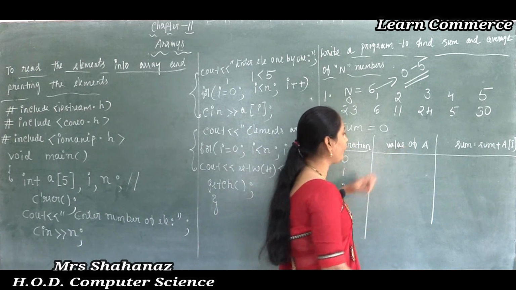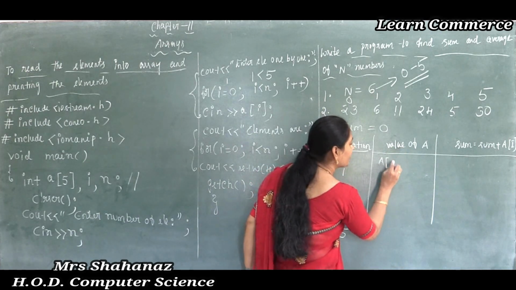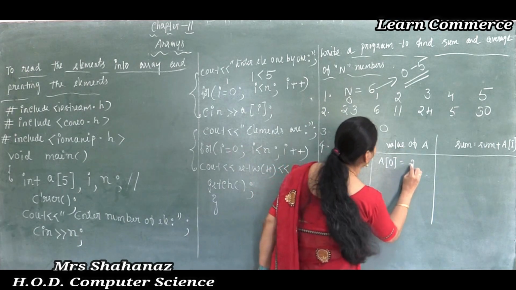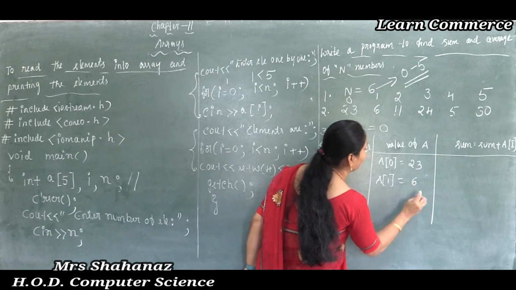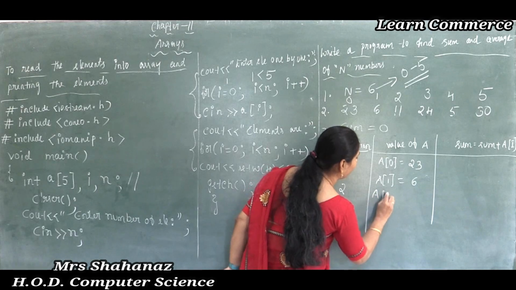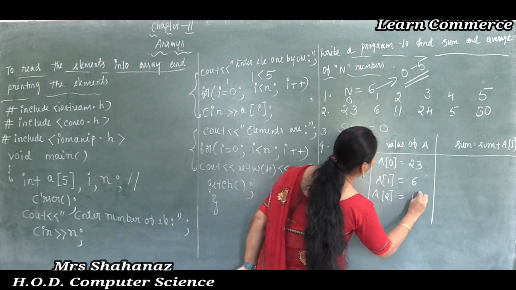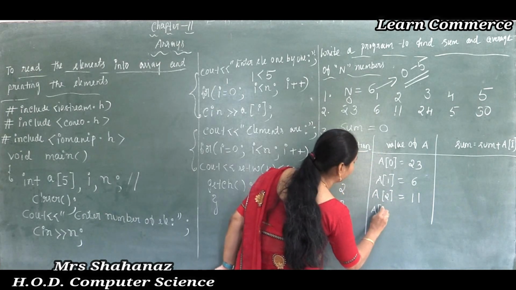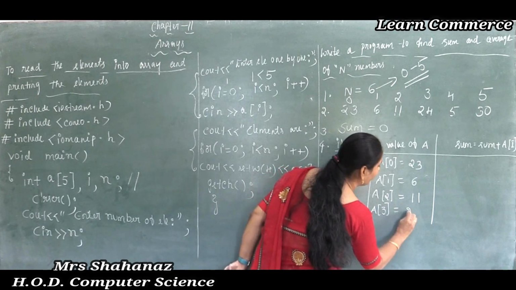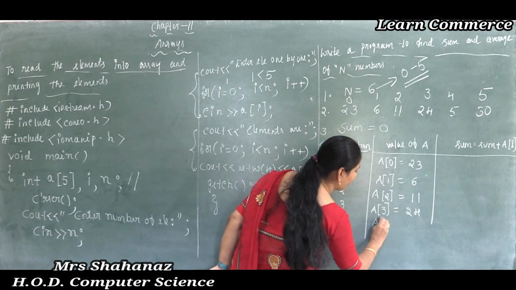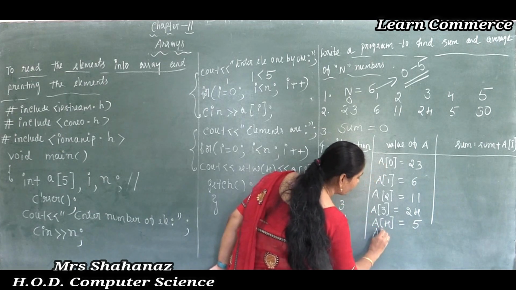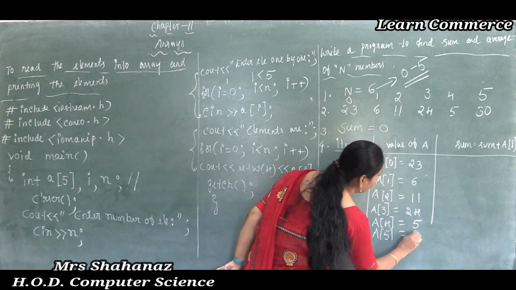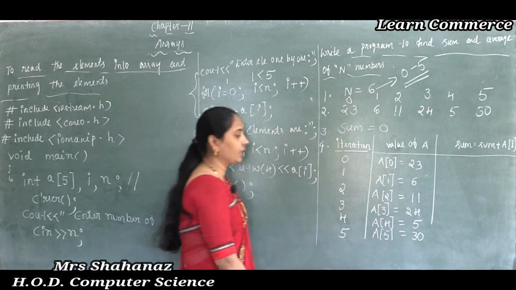And value of a, as we know that position 0 the value 23, the position of a of 1 the value 6 here, the position of a of 2 the value 11, the position of a of 3 the value 24, the position of a of 4 the value 5 here, the position of a of 5 the value 30. So clear this point here.